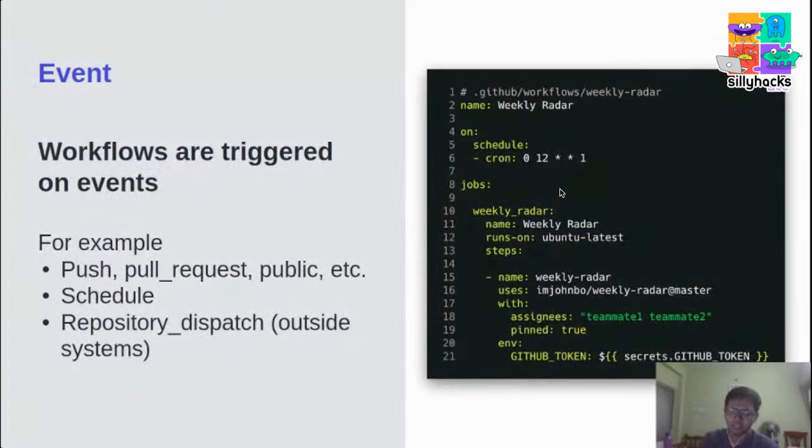So what are these events? Whenever there is an event, these workflows will be triggered. As I talked about, an event might be a pull request, a push, or you've made the repository public, or the scheduling thing, like cron jobs. Cron jobs are actually automated backend services.